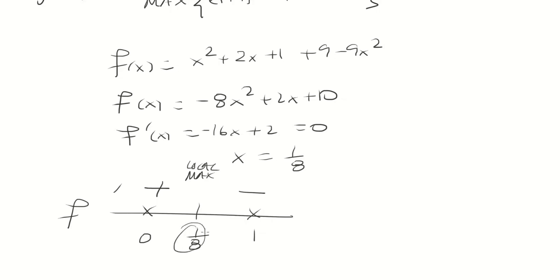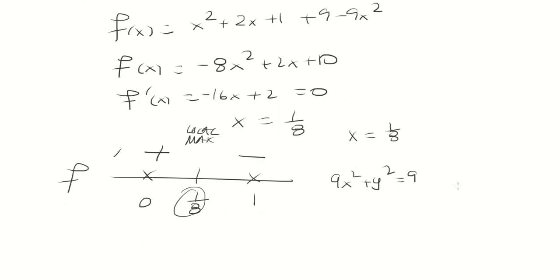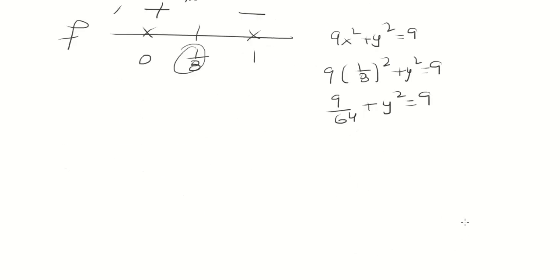So we know the x value is going to be 1/8, and recall that the formula was 9x squared plus y squared equals 9. Plug in 1/8 for x. 1/8 squared is 1 over 64, so we have 9 over 64 plus y squared equals 9.